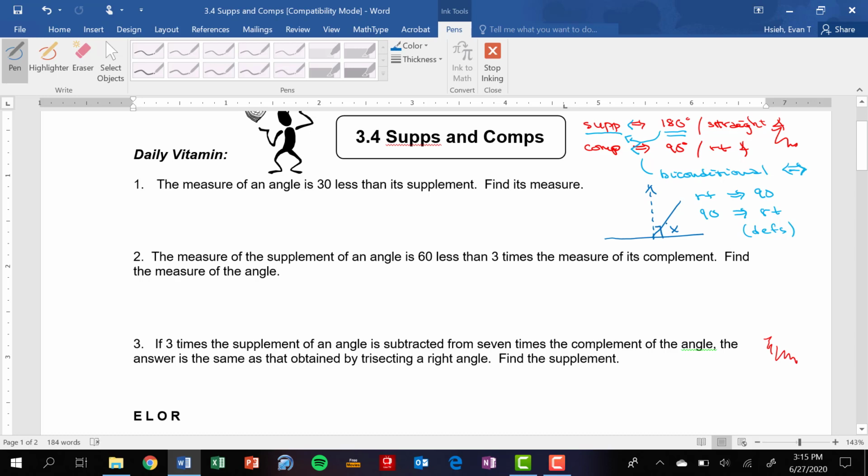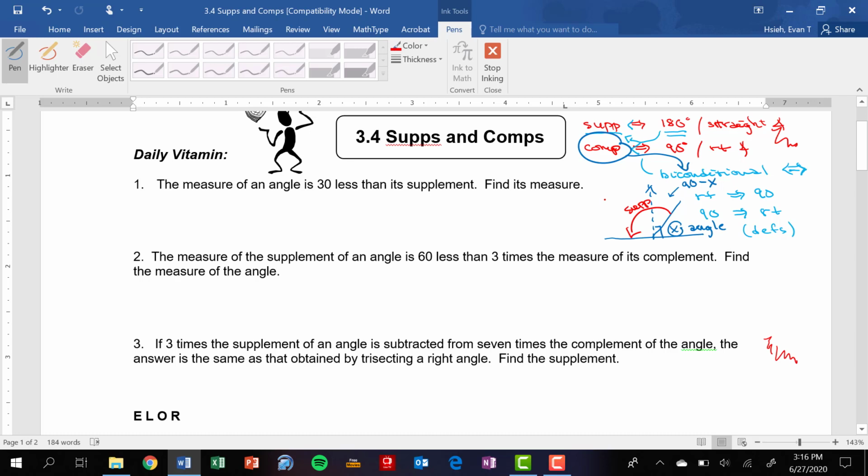The complement to X is the angle that makes up the 90-degree angle there, which is just going to be 90 degrees minus X. That's the complement to this original angle X. And the supplement to angle X is the angle that makes up the rest of the 180 degrees.